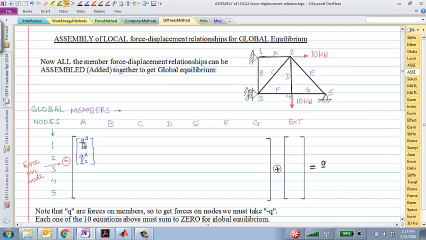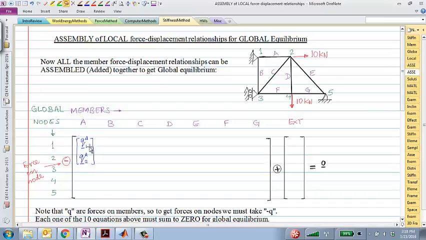So again, what I have done here is I've taken element A and I'm adding the contribution of element A to nodes 1 and 2. This is element A. It is going to apply forces to nodes 1 and 2, so those forces would be QA1 and QA2.